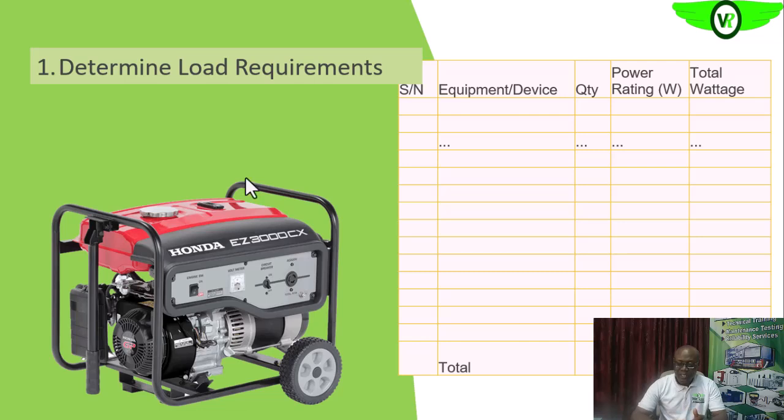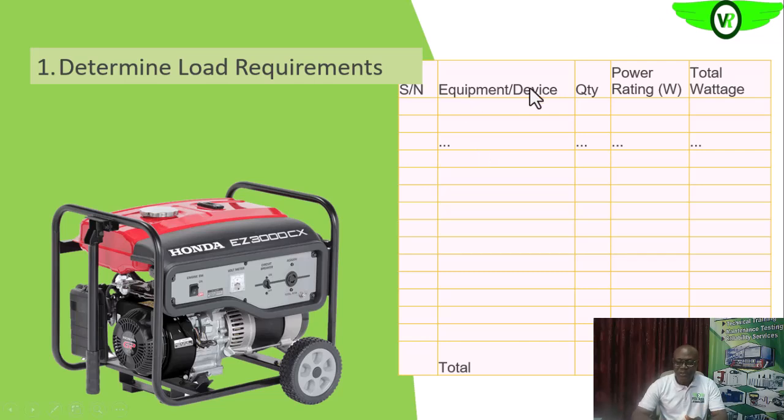If you look to the right of your screen now, you will see a table with about 5 columns. This table can serve as a guide to you. What you need to do first is to list all the equipment on the column that is titled equipment or device, all the equipment that you actually want to power with the said generator.